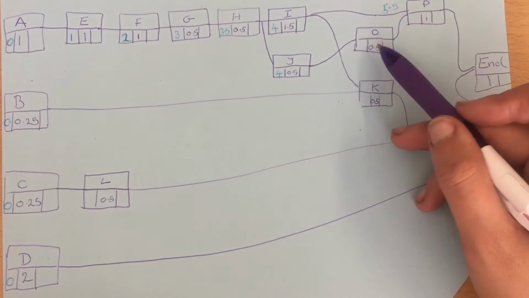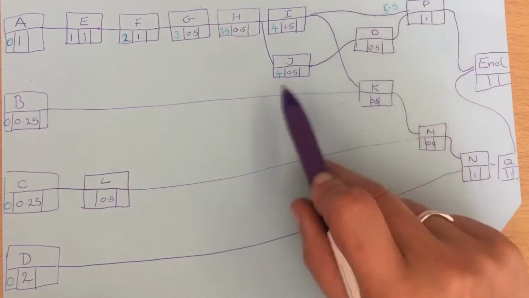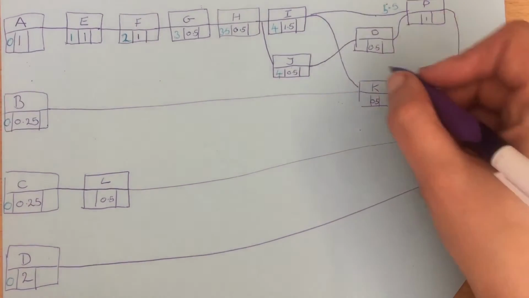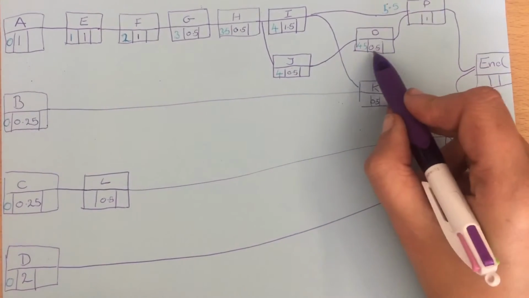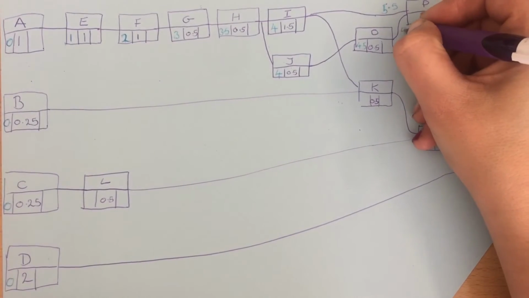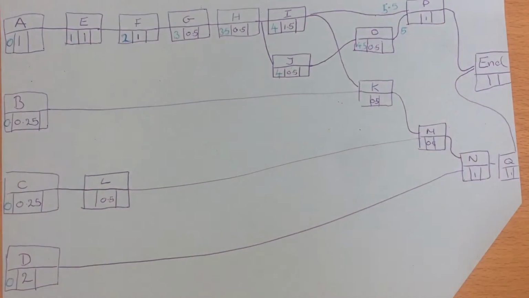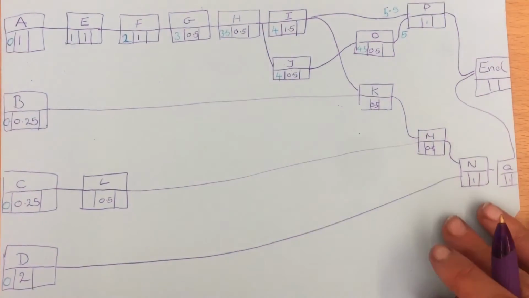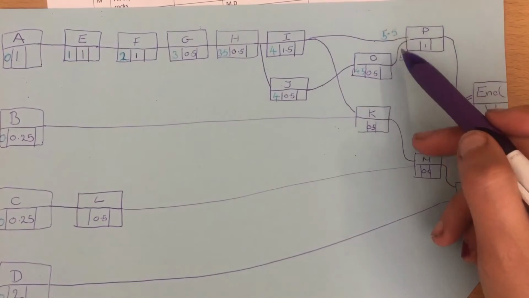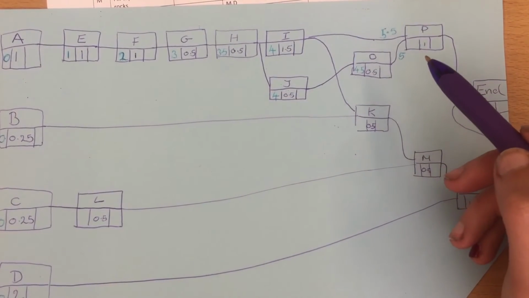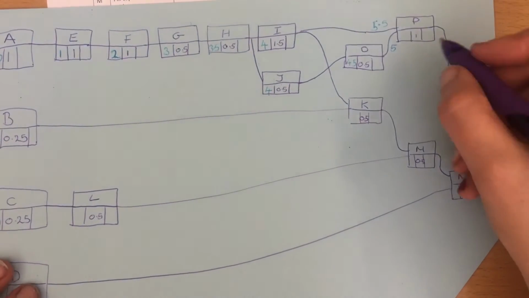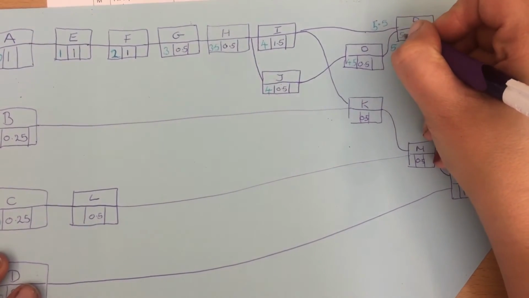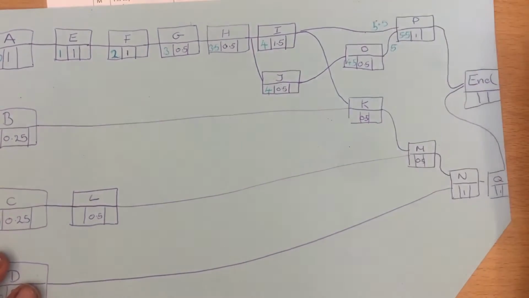P is also going to have to wait for O. O had to wait for J, so O is going to be 4.5. 4.5 and 0.5 is just 5. So P has to wait for both of these things to have happened. So if you can't start before both of these have happened, you have to wait for the slowest person before you can do it.